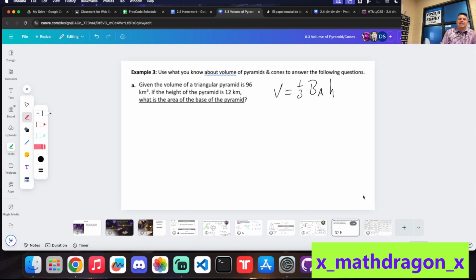Just pay attention and see what the question's asking you. So, given the volume of a triangular pyramid is 96. So the volume of a triangular pyramid equals 96 kilometers cubed.